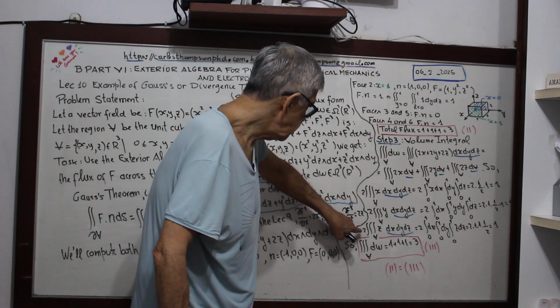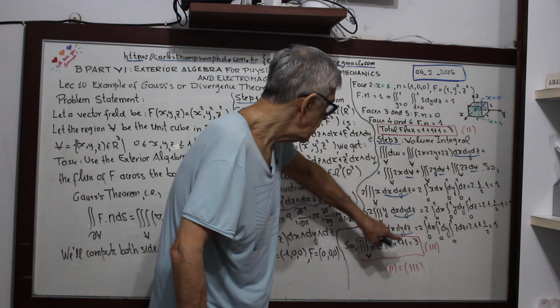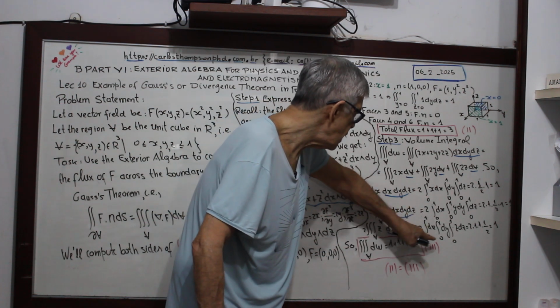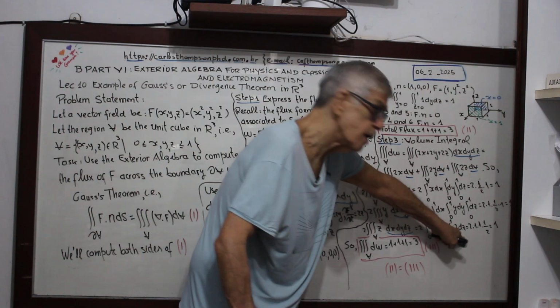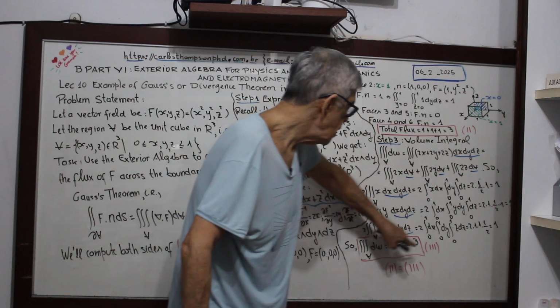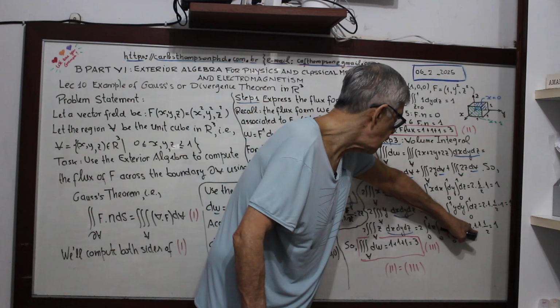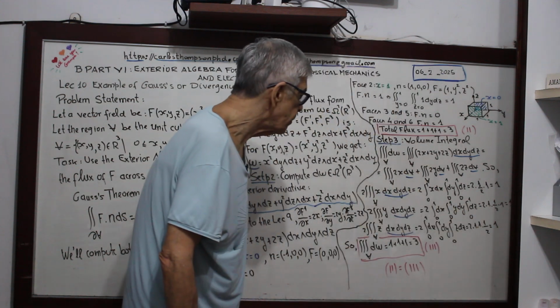Now the third one, 2 times the integral of z dV: integral of dx, dy from 0 to 1, and z dz from 0 to 1. Again, 2 times 1 times 1 times 1/2, which is 1.